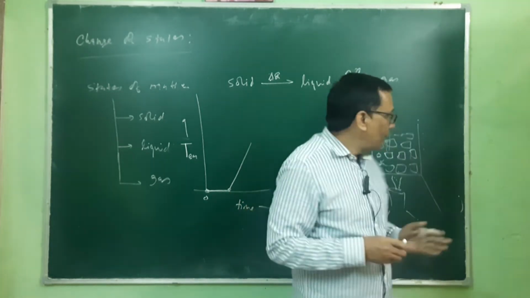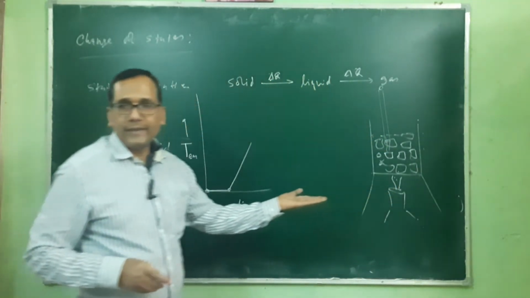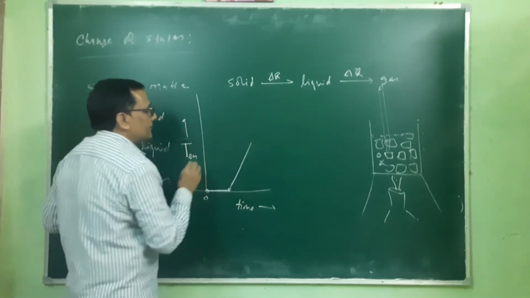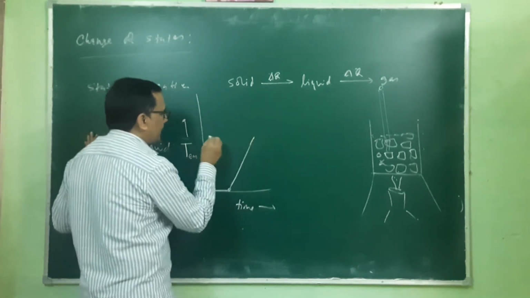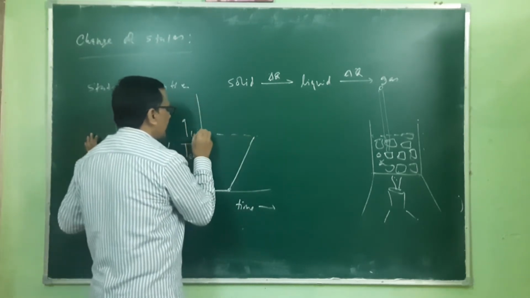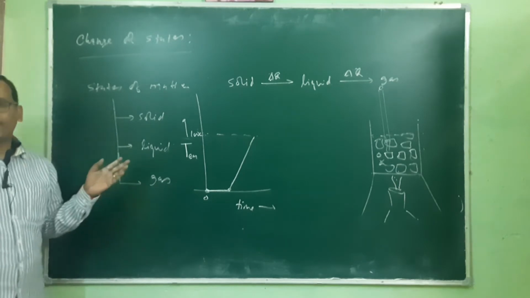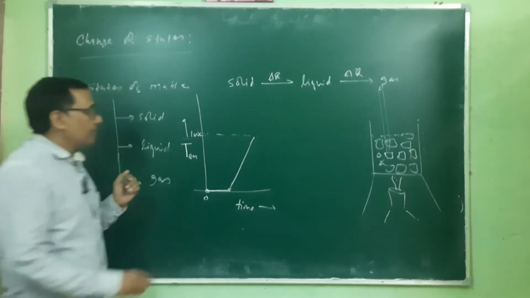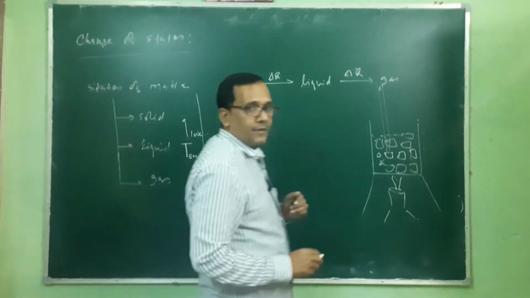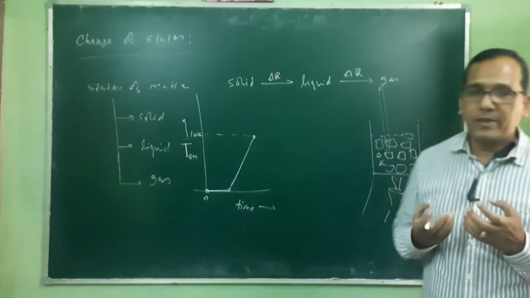And then when we further provide heat energy, the temperature will increase up to 100 degrees centigrade, if we are using the centigrade scale. After reaching this point, 100 degrees centigrade, the water will start boiling.